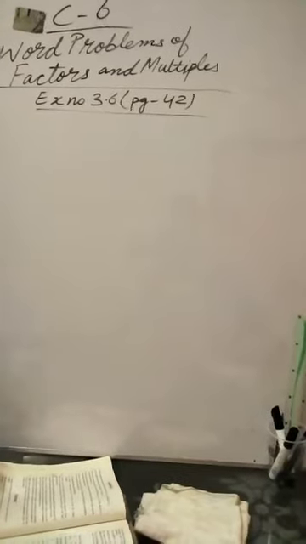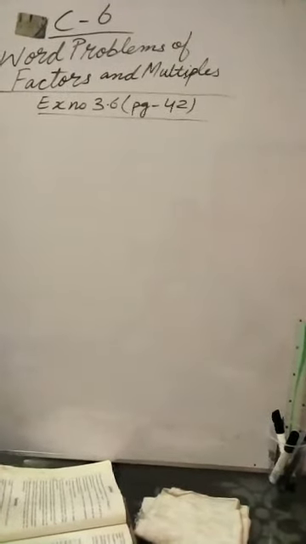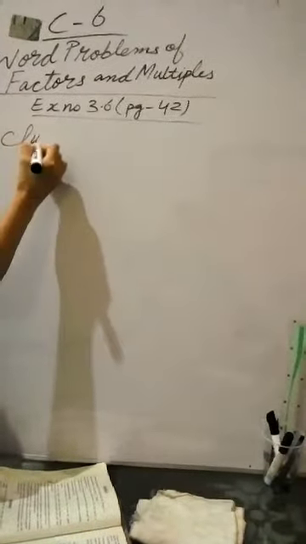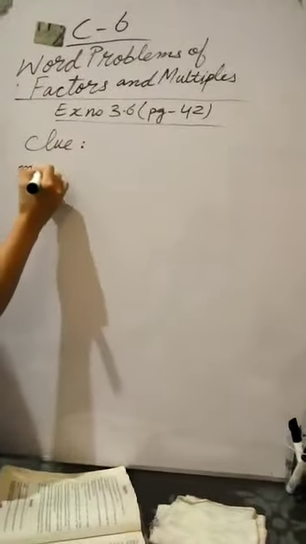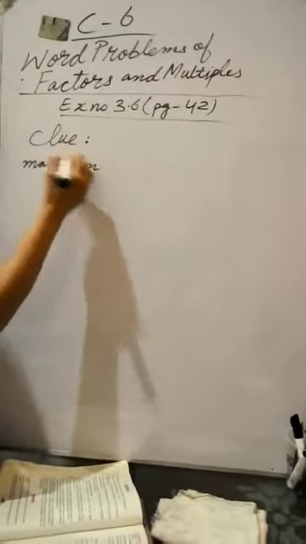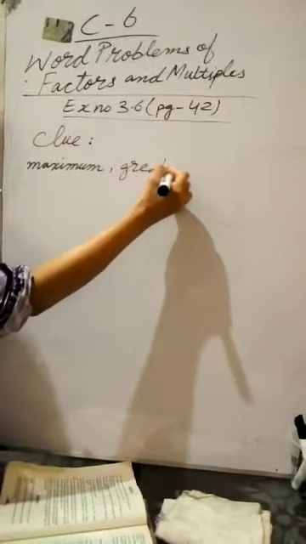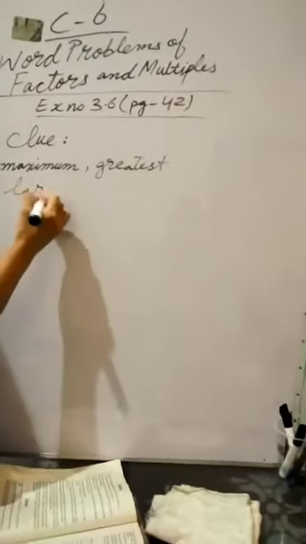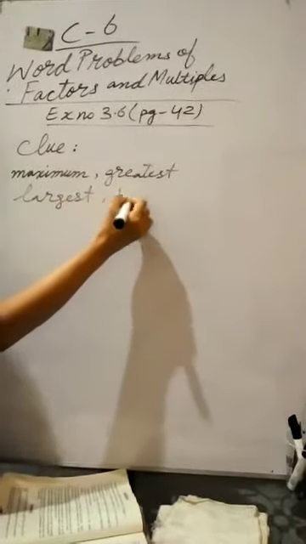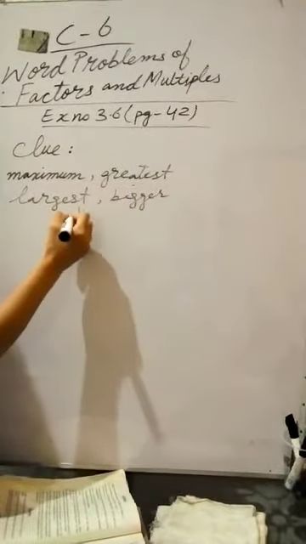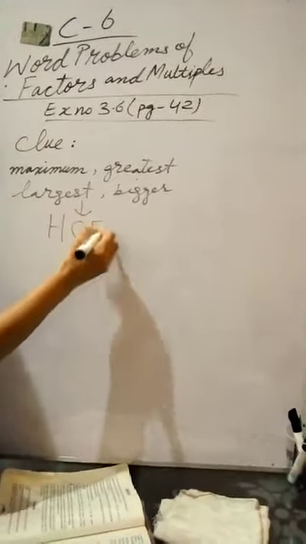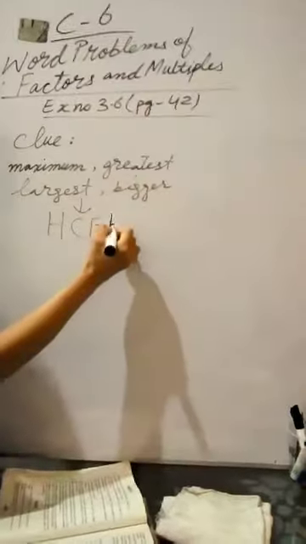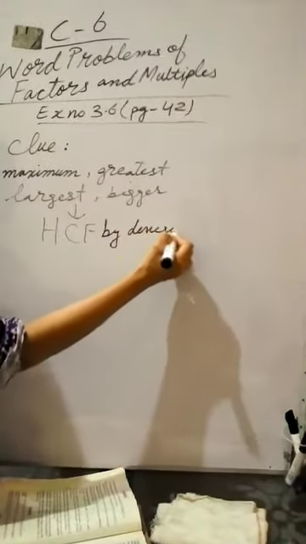Exercise number 3.6, and the topic is word problems of factors and multiples. So first of all, starting the word problems, we need to understand that when we have a clue of maximum, greatest, largest, bigger, we always need to find the HCF by division method.